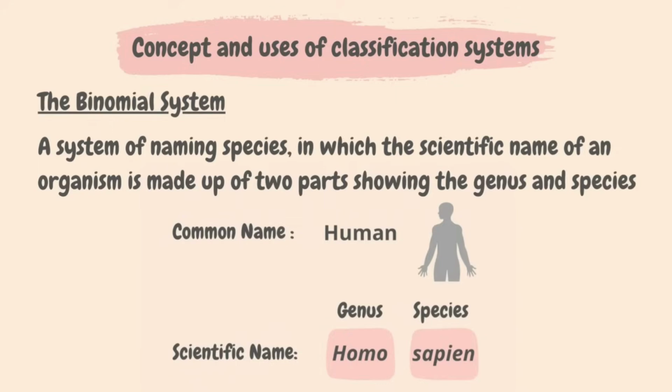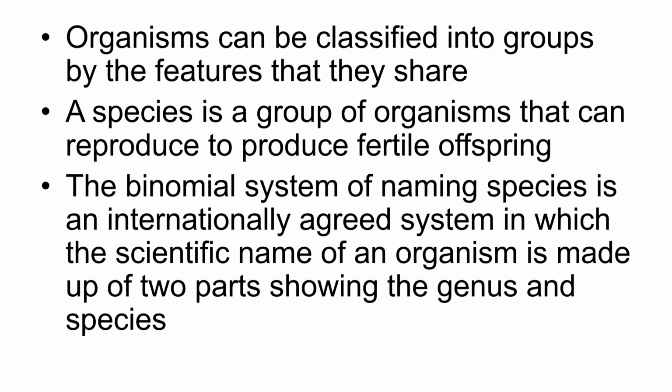There are a number of examples that I can actually give. And usually the genus has a capital letter, while the species will have a small letter. And then usually the genus and the species are italicized.